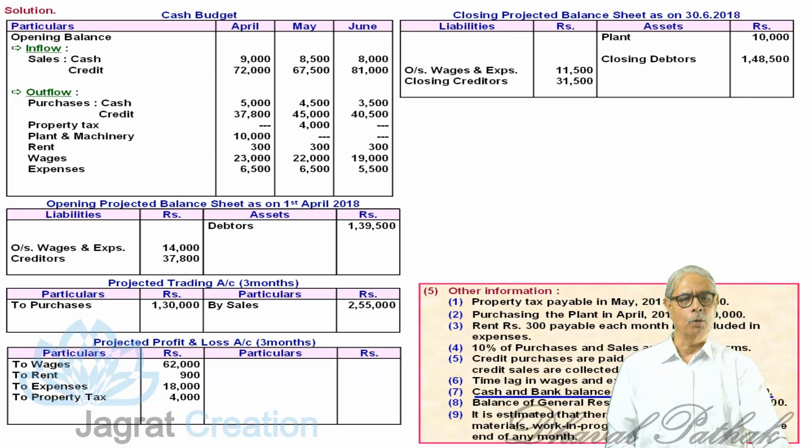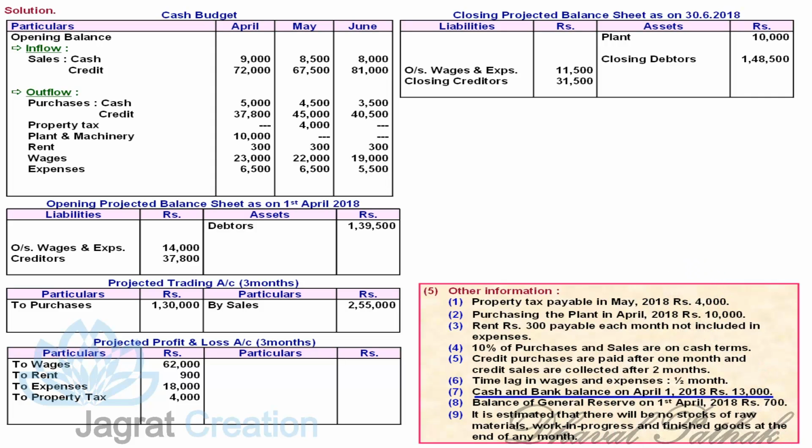This is how this information is considered. Now you are given the opening cash balance 13,000 that you are required to write as the opening cash balance in the cash budget for April. That will appear on the balance sheet asset side of projected balance sheet. Now let me close the cash budget.